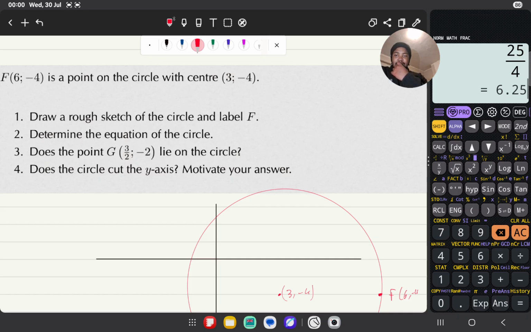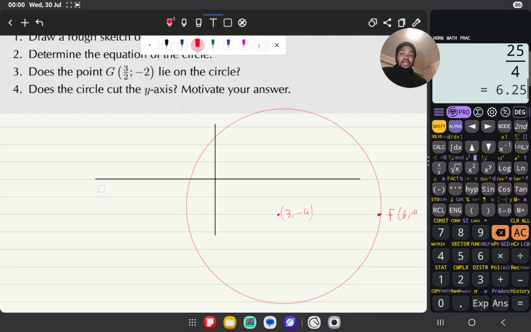The question is, does the circle cut the y-axis? Now let's think, what is the y-axis? I mean, it is the y-axis, but what happens on the y-axis? x is equal to 0 on the y-axis, right?